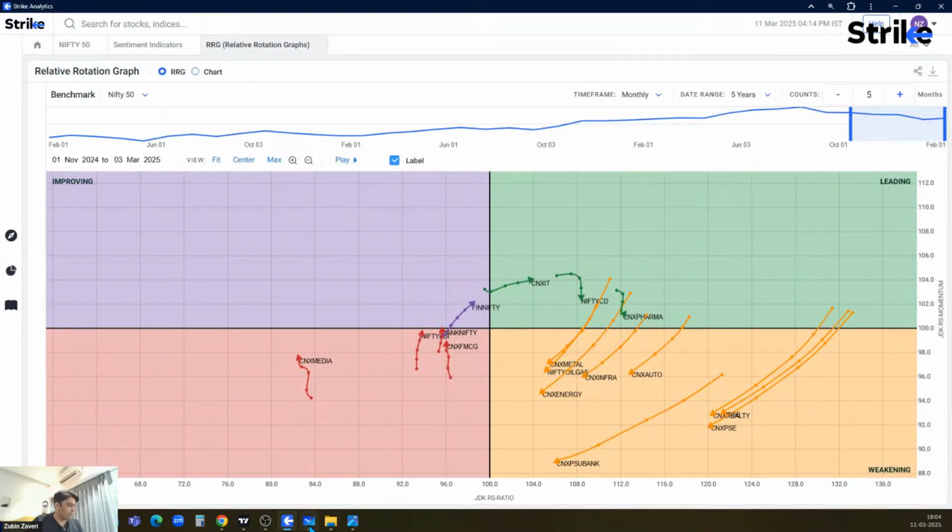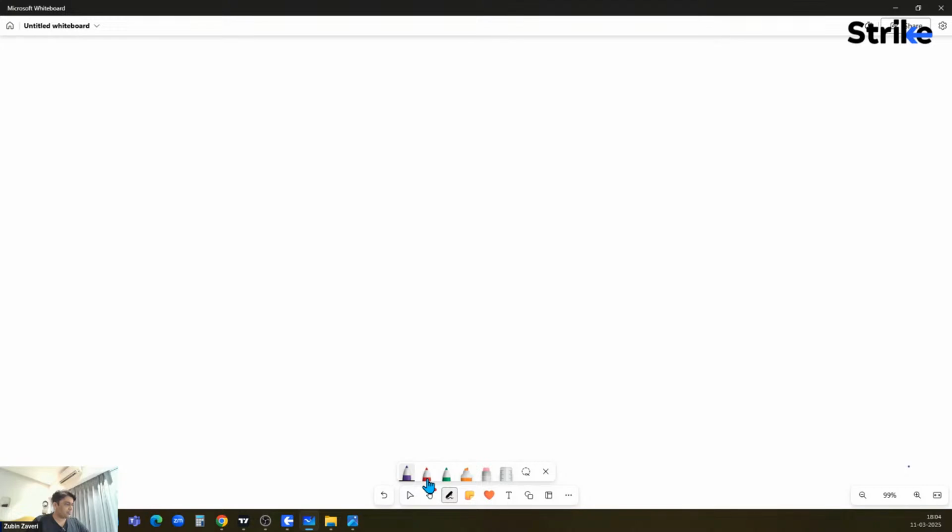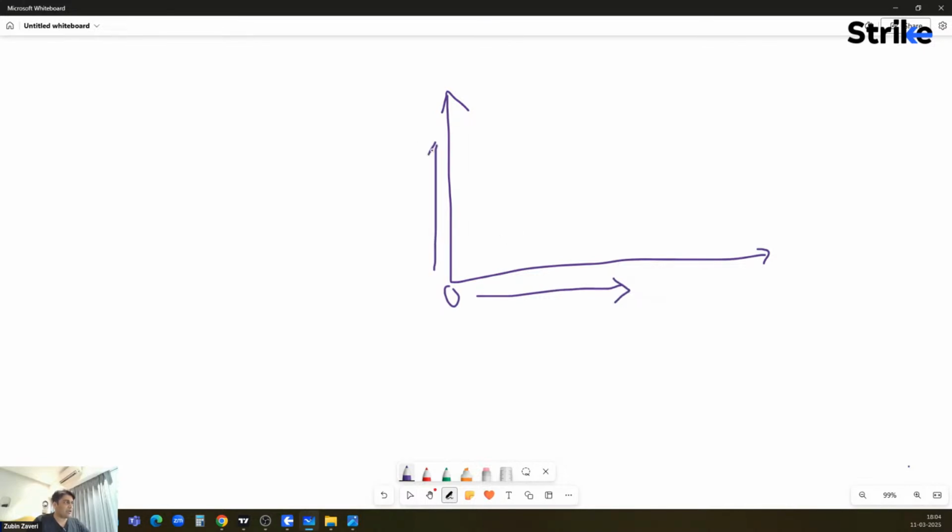Now, I told you I would explain the difference between a traditional chart and RRG. If we look at a traditional chart, we only have an x-axis and y-axis. Here we have the timeline on the x-axis, and here we have price on the y-axis. So this is a normal technical chart that we are looking at. But how does RRG look?